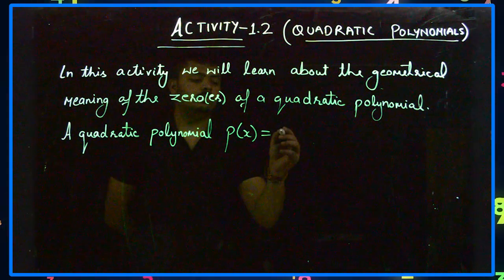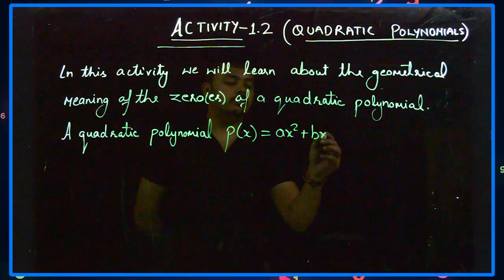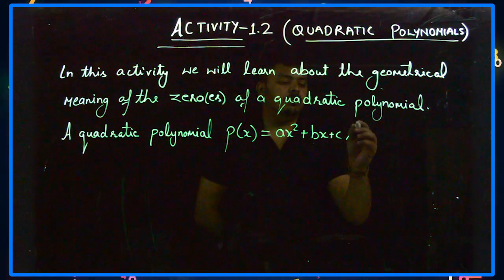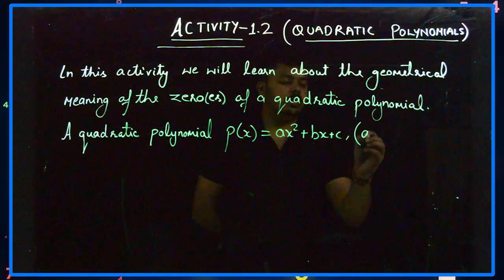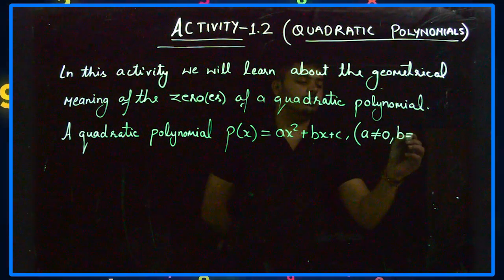P(x) equals ax square plus bx plus c, where a is not equal to 0.